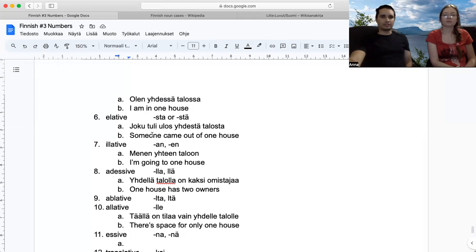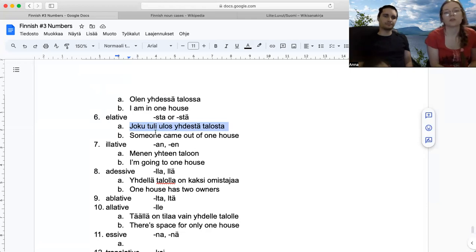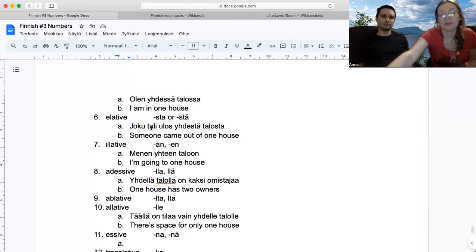And relative, so from somewhere. Someone came out of one house. Joku tuli ulos yhdestä talosta. So someone is joku, came, tuli, in the imperfect mode, out of, ulos, literally is like outside, came out.